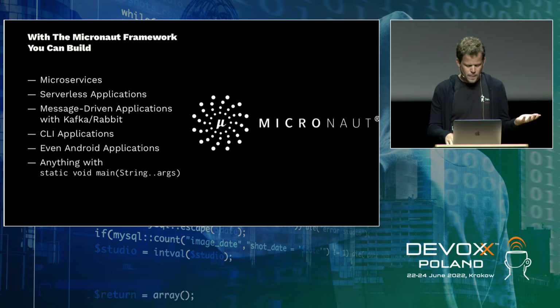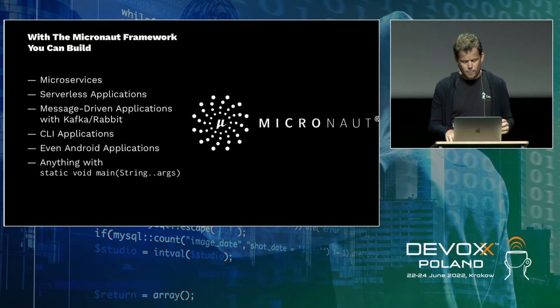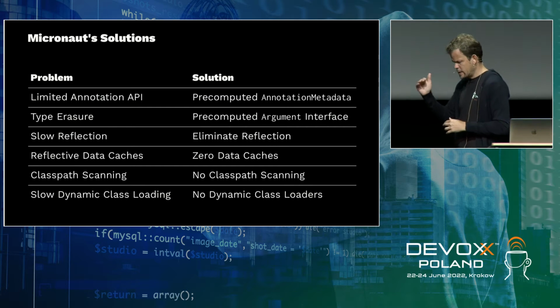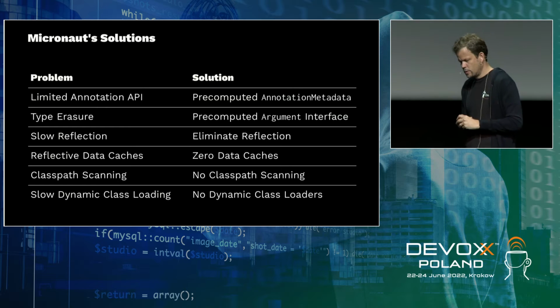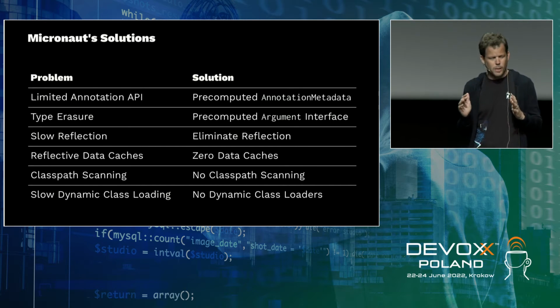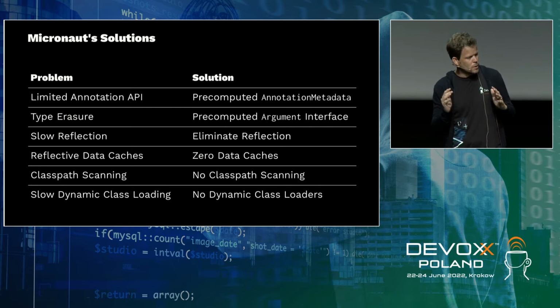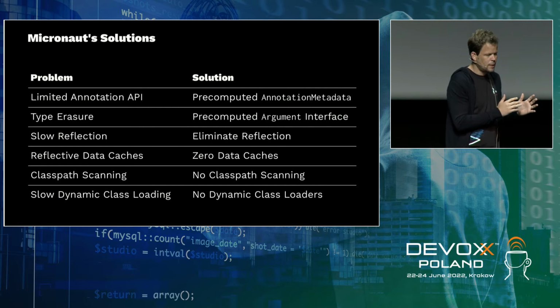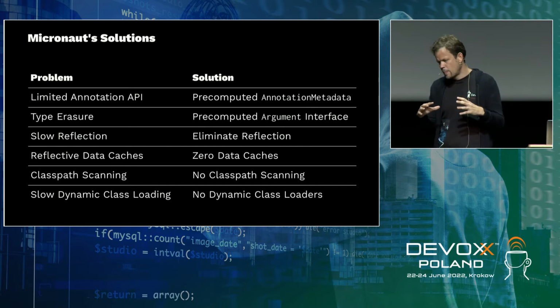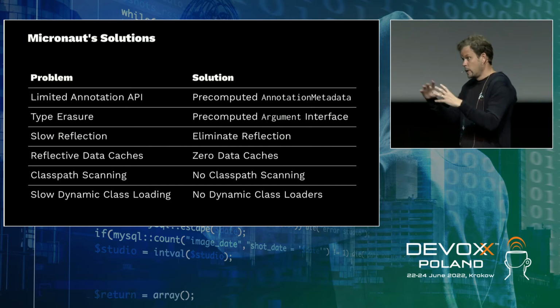So that's what I meant by it's a general purpose application programming model. Micronaut has different solutions to those various problems that I pointed out earlier. In terms of the limited annotation API, Micronaut at build time will compute what we call annotation metadata.